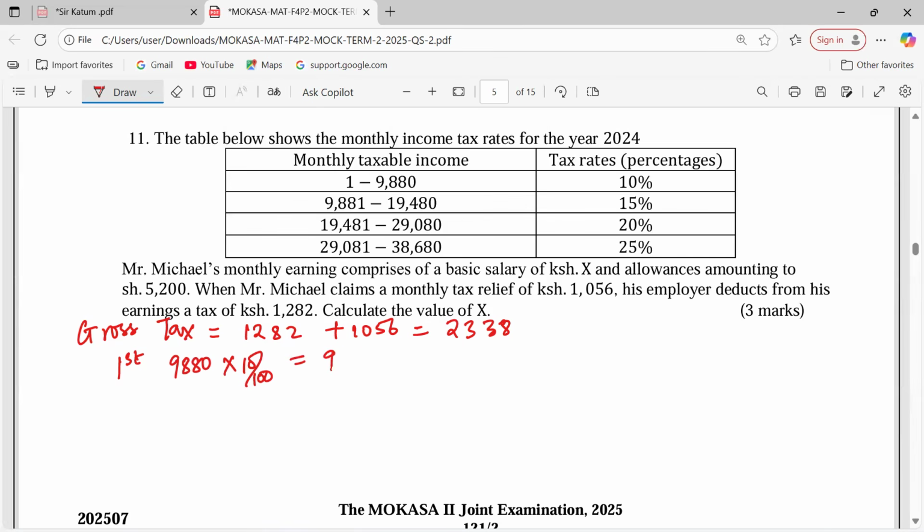This is going to give 988. When you consider this tax, we are yet to reach 2338. So we continue taxing. And now we have a second bracket whereby we're going to tax 19,480 minus 9880.